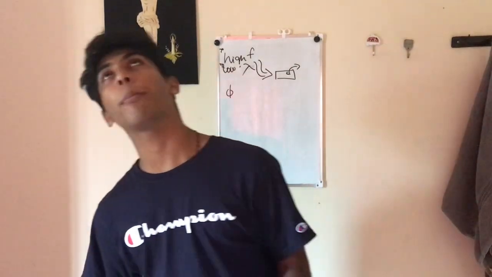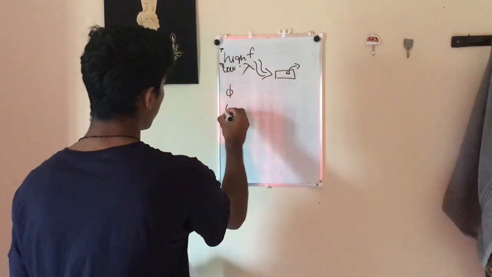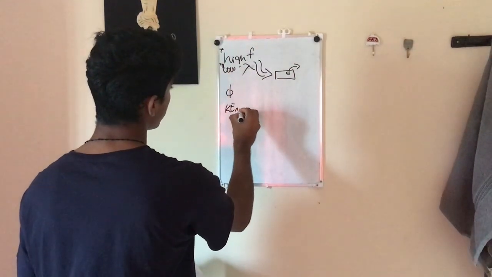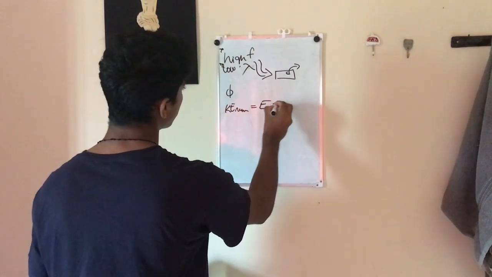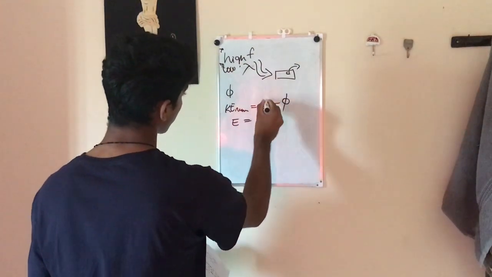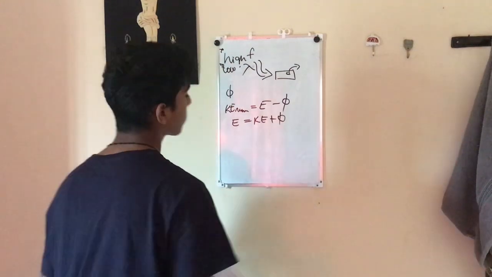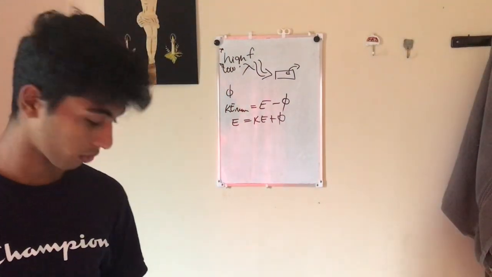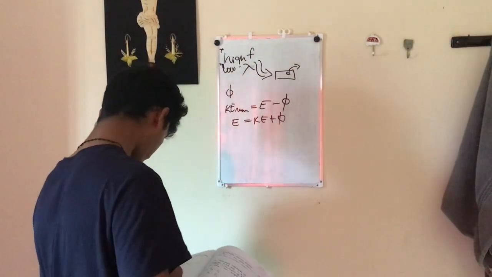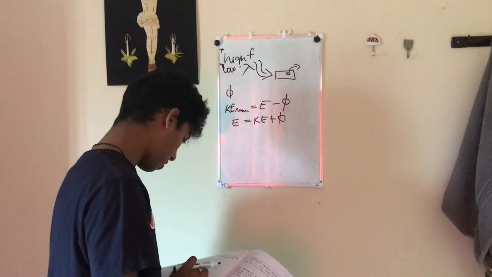A light of wavelength is given. So for that, I'm going to calculate the energy, because wavelength is given and work function is given. According to Einstein's photoelectric effect, kinetic energy max is equal to E minus phi. Therefore, E is equal to kinetic energy plus phi.